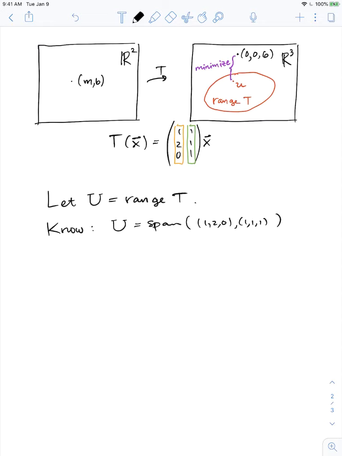For the purposes of projecting into the subspace U, however, it's much nicer to have an orthonormal basis for the red blob. So even though (1, 2, 0) and (1, 1, 1) are a basis for the red blob, we'd much rather have an orthonormal basis for figuring out what is that closest vector u to (0, 0, 6). All right, well, you know what to do. You have a basis in your hands and you wish it was orthonormal. You let Gram-Schmidt go to work.